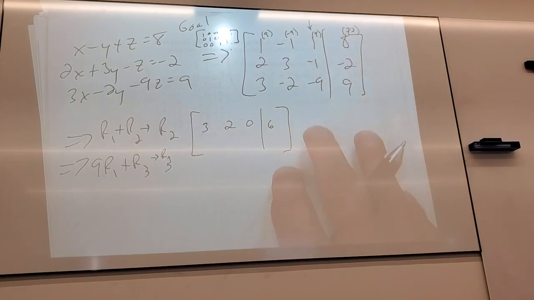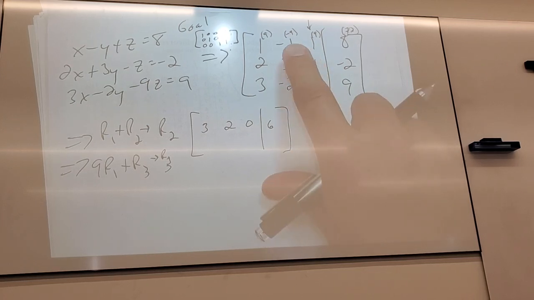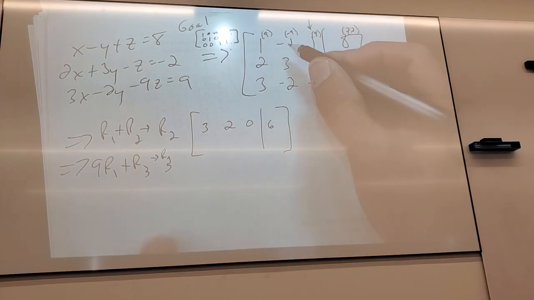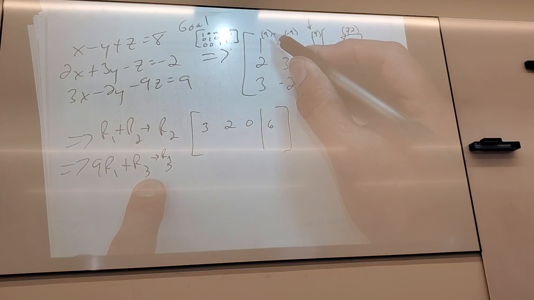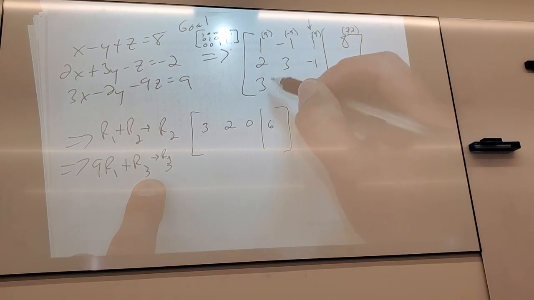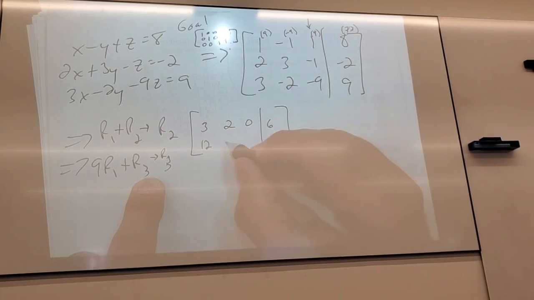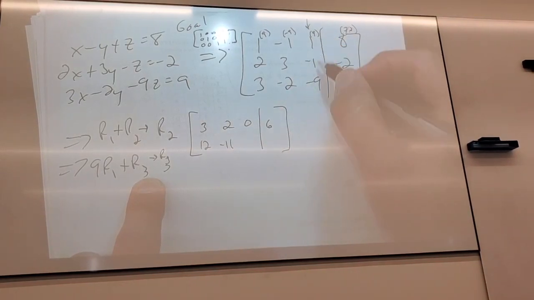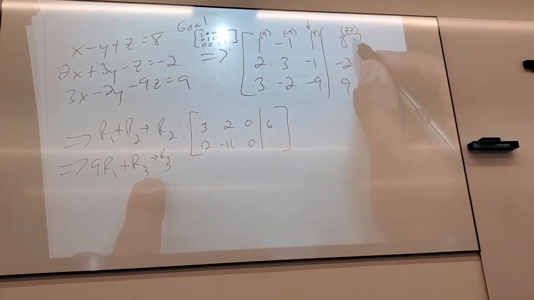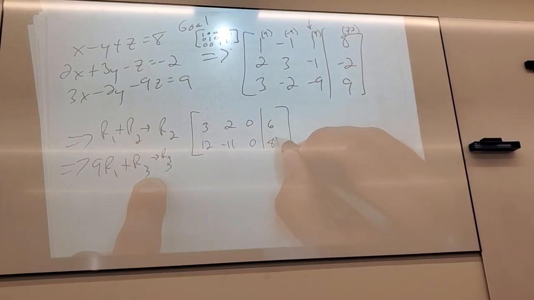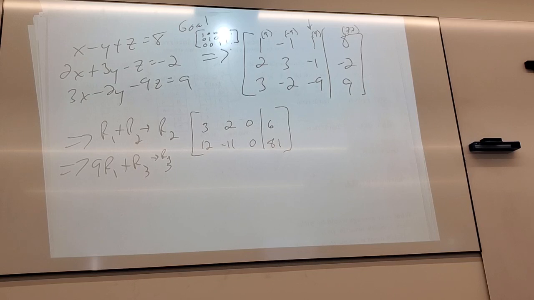That's what makes this process slower than it has to be, if you write the matrix over and over and over. You don't need to. So now I'm going to do, like I said here, I'm going to add 9 row 1 plus row 3. So 9 plus 3, crazy. -9 minus 2, 9 minus 9, 72 plus 9.